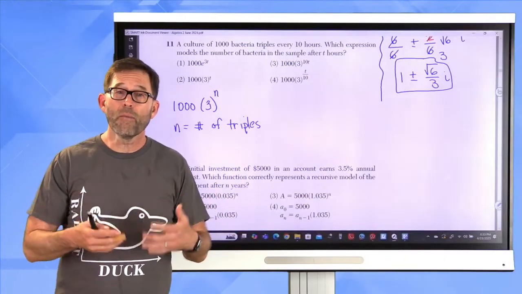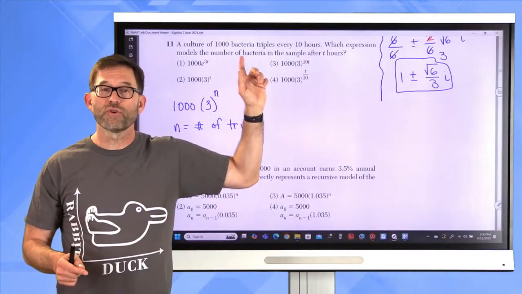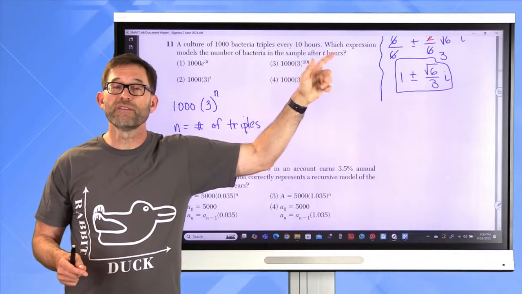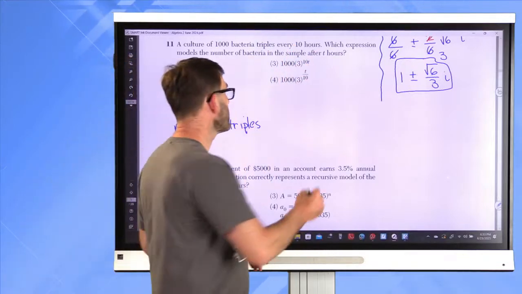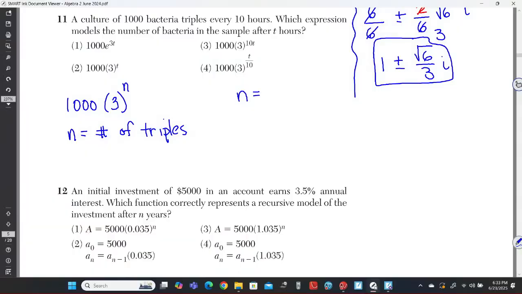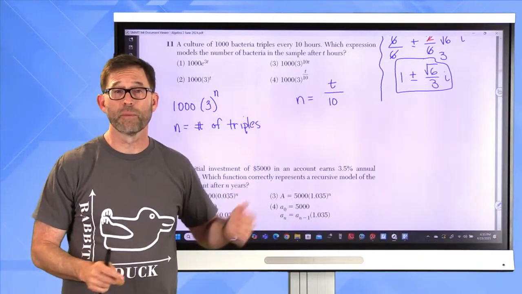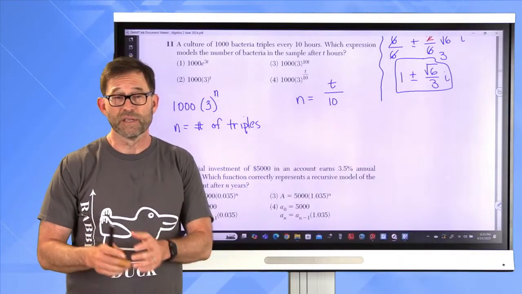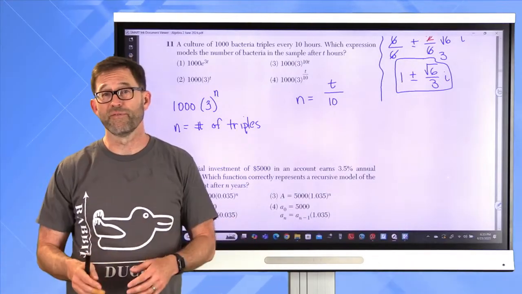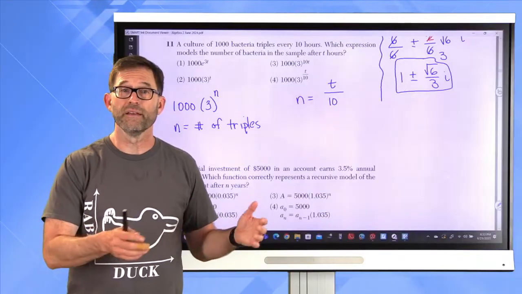Now, how many times do we triple? Well, we triple once every 10 hours. So that means I can calculate the number of times I've tripled by taking the number of hours that I've gone and dividing by 10. And think about that for a moment, right? If t is equal to 10, then the number of triples is 1. If t is equal to 20, then n is 2. If t is equal to 30, n is 3.